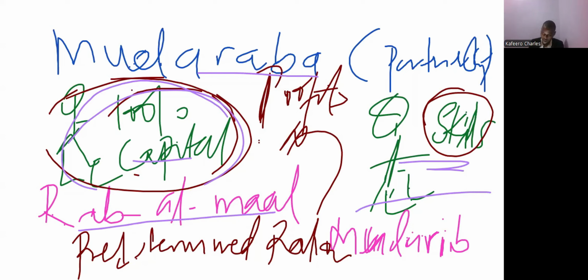In Mudaraba, one person is committing 100%, providing managerial skills with no money. But the other one is also providing 100%. He is not supposed to interfere in the operations of the business because he's the one who has provided the capital. It's like the bank giving you the money and you go and start operating. When you make a loss, the bank wasn't there when you made the loss, but if they go into the causes of the loss and you are part of the reason the business made a loss, then you find yourself paying.